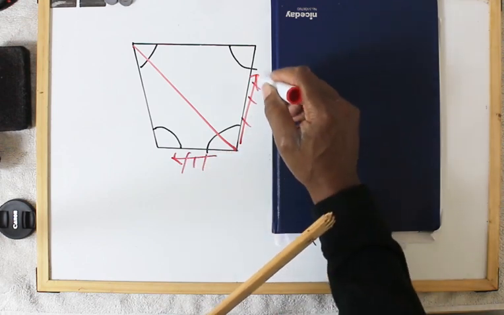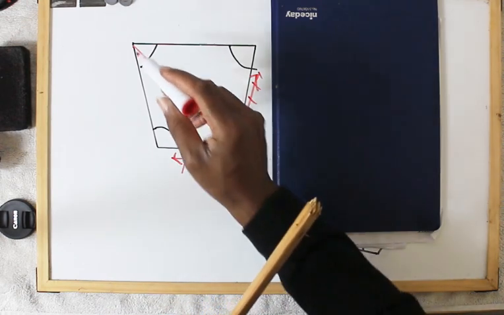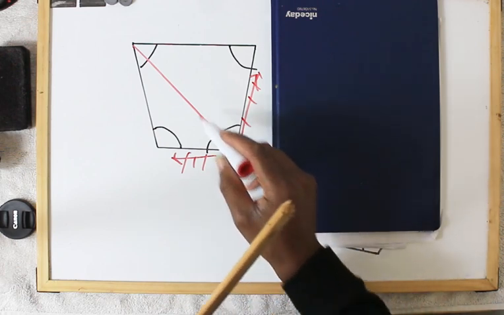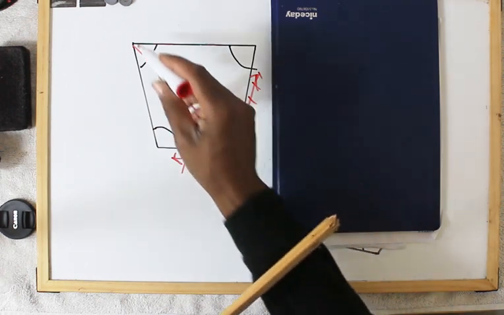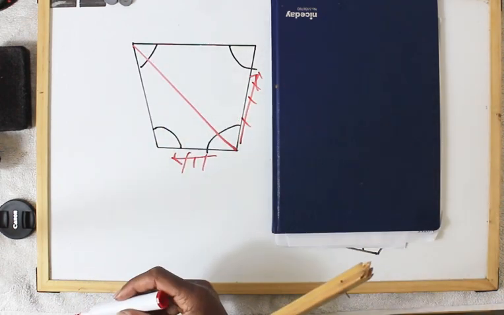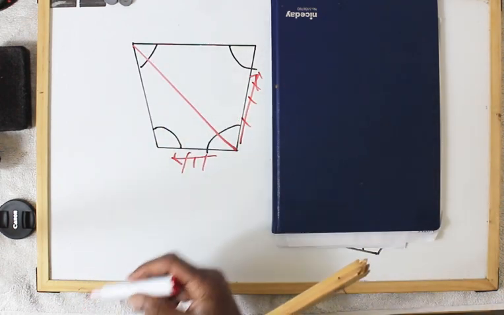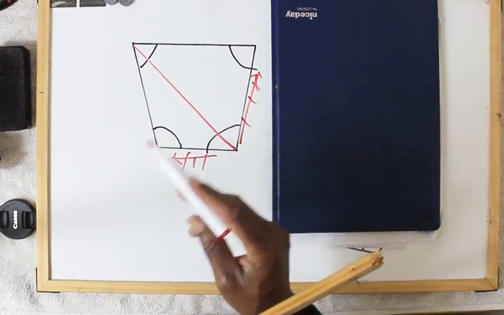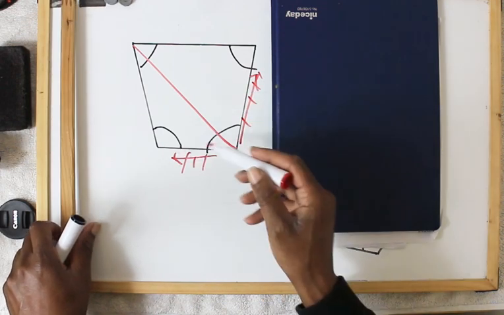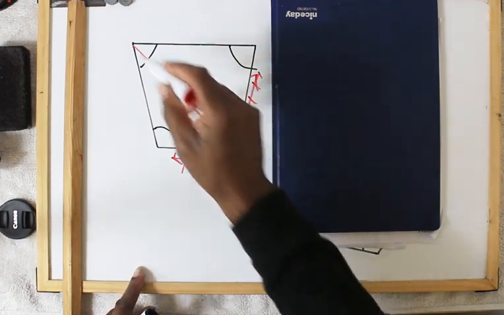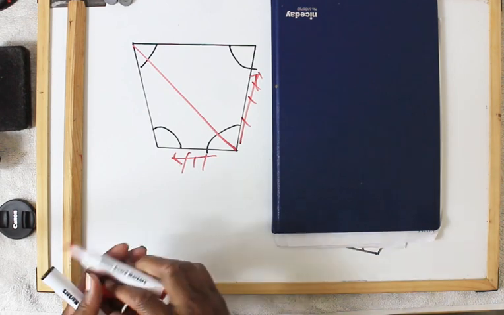What I want you to do is go to an angle not via an edge, which means you've got to go through the shape. If you do that, you will create a triangle. So you will create not just one triangle, you create 2 or more triangles. If you do this in a square, you draw a line through an angle, it creates 2 triangles.